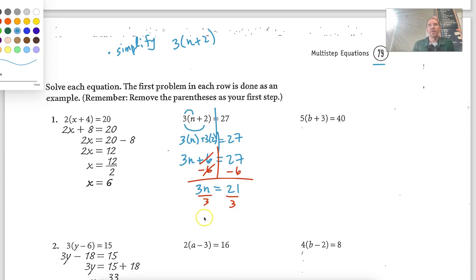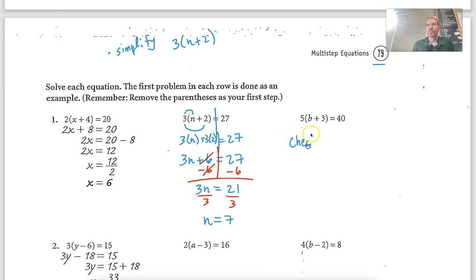I'll do the check step here. So if we check that, now remember, check the original. So 3 times n plus 2 equals 27, but we think n is 7. So 3 times, remember I like to put the given parentheses as big, and then when I put parentheses around n for the 7, I make that smaller.